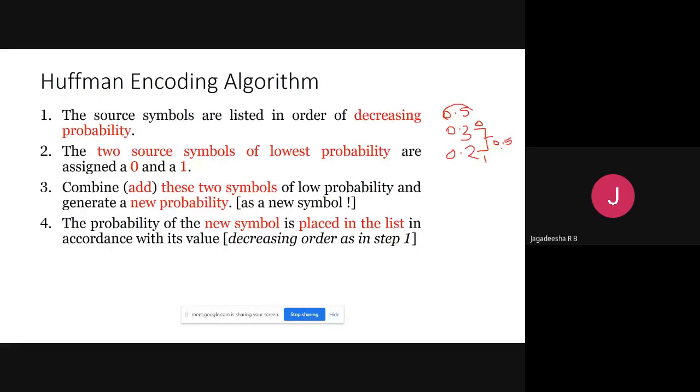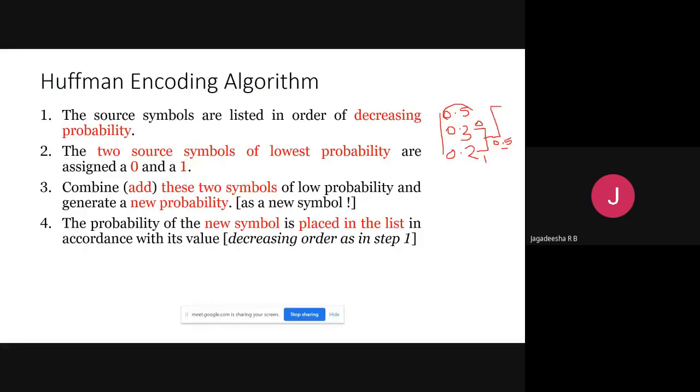Now we need to arrange it in the decreasing order of probability. Just sort it like you have done in the first step here. So 0.5, this is also 0.5. You can sort it in any way, right? Because sorting means it's the same number, I mean, same values. So you can sort it in any way. But what we do is we will place this 0.5 first here.